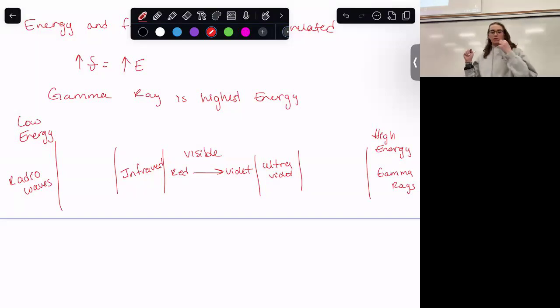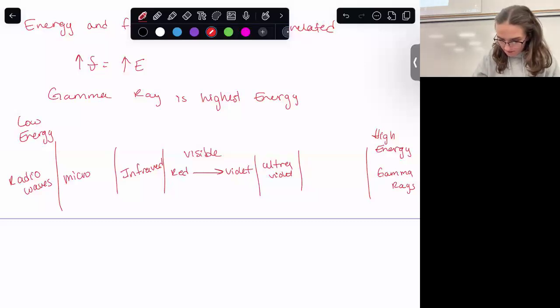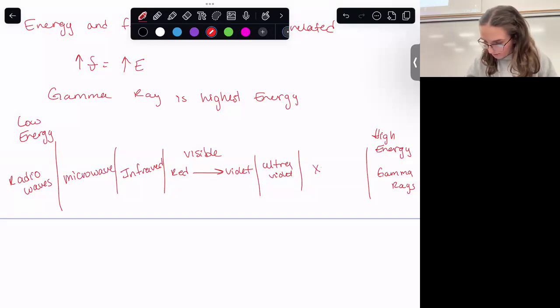And does anyone know what goes in between those last two lines? Microwave and X-rays. So where is microwave going to go? Microwave will go on the left, and your X-rays will go on the right.